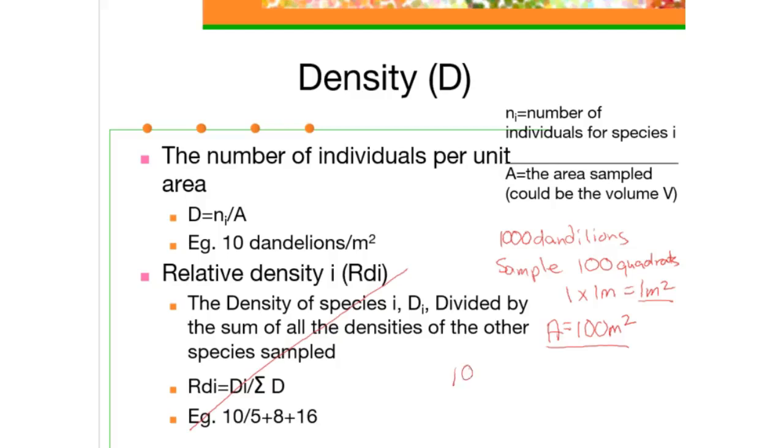I had 1,000 dandelions and I sampled 100 meters square of quadrats, which means if I cancel out my top and bottom, in every 1 meter squared I'm going to find on average 10 dandelions, and we call that our density for that species. Okay? So that's how you work out density.